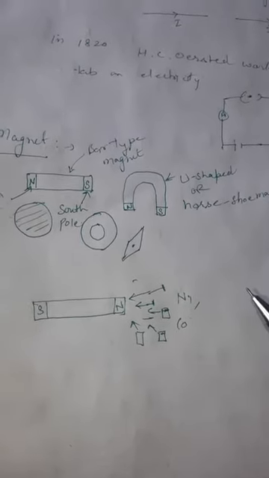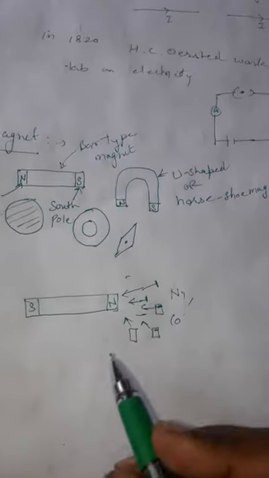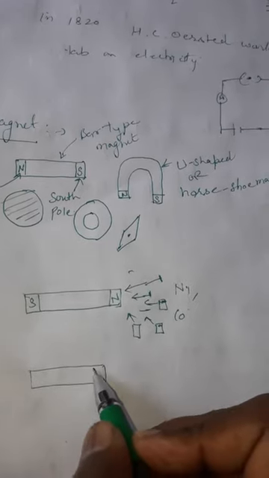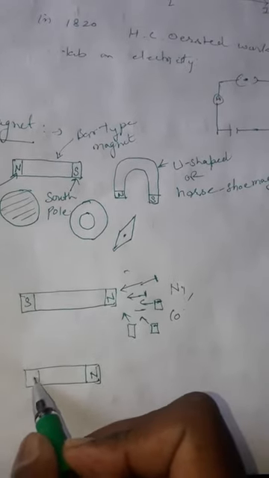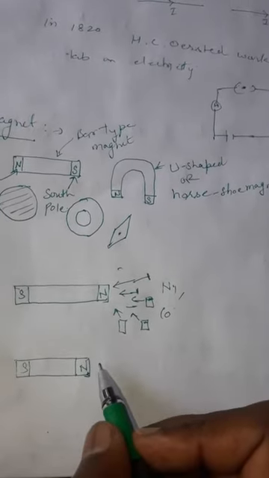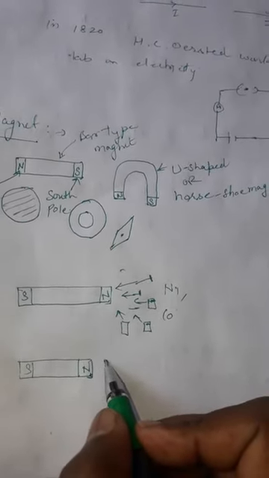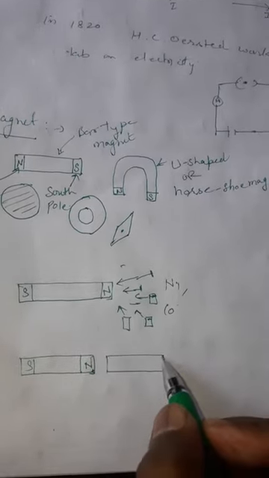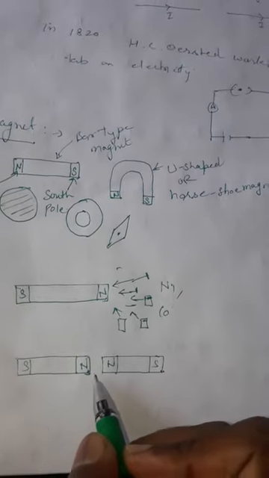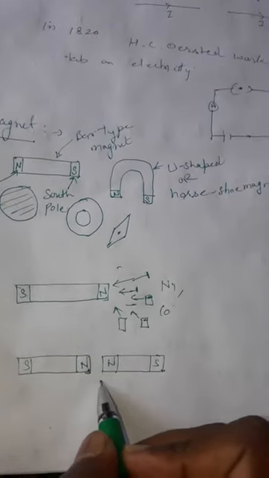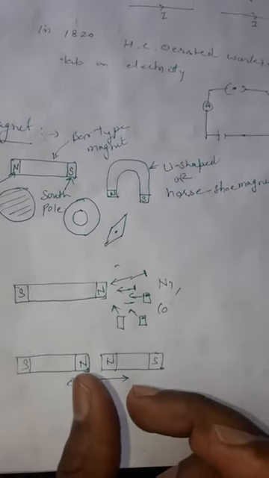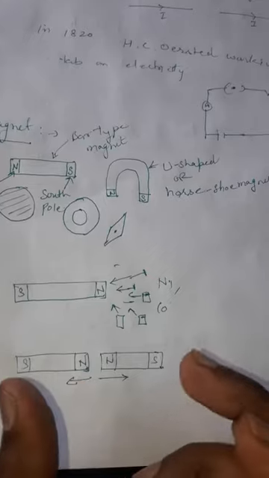Now if we consider two magnets, the first is this bar magnet having north and south poles. We already observed in our childhood that if we place another magnet with the same pole near it, both magnets experience a repulsive force, a backward force.